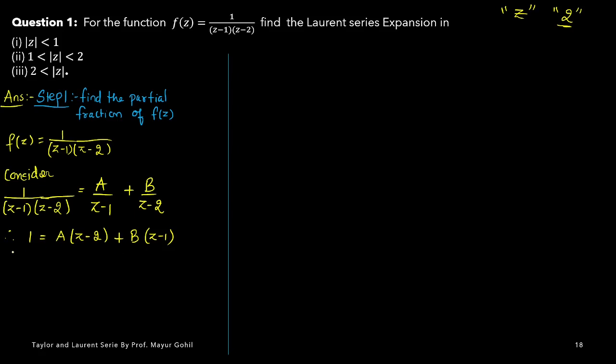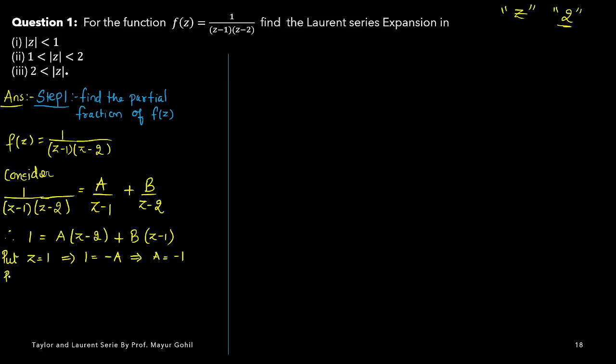Now, over here, what is important is we have to find a and b, right? So we put z equal to 1. When I put z equal to 1, I obviously get 1 is equal to minus a, which implies that a is minus 1.